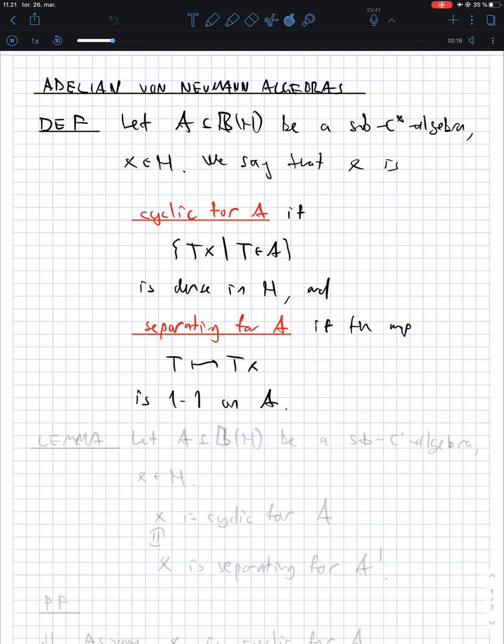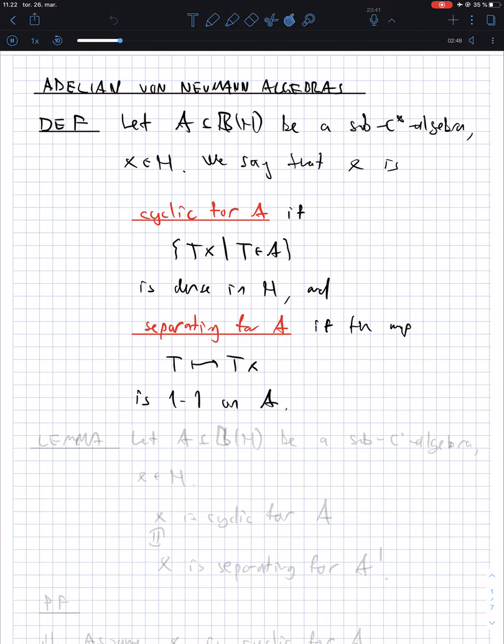So these are two kinds of nice vectors, if you like. A cyclic vector has the property that if you apply all the operators in A to X, then you get a big set, something which is dense in H, and X is separating if it can be used to tell the elements in A apart.